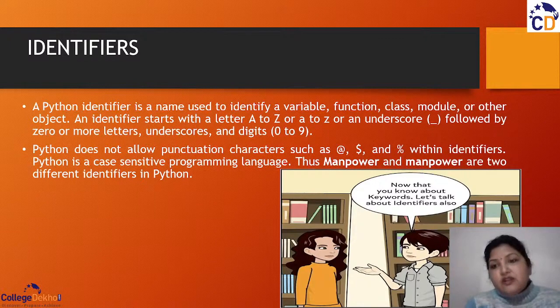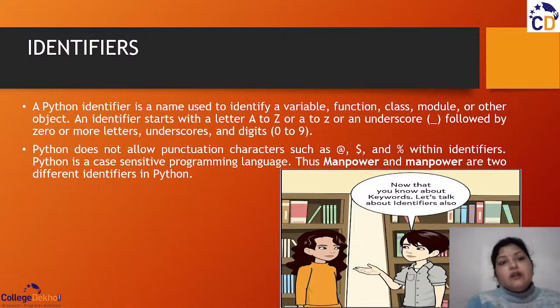Suppose I am taking an example of addition of two numbers. If I am taking one number as number1 and the other as number2, you cannot call them A or B. Those are irrelevant names. So there are some rules, some standards, when we define identifiers.